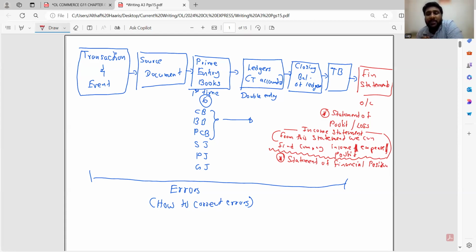What do we find from the statement of financial position? What is the understanding that we will get when you look at the statement of financial position? What understanding will you get, people? Any idea? Good.